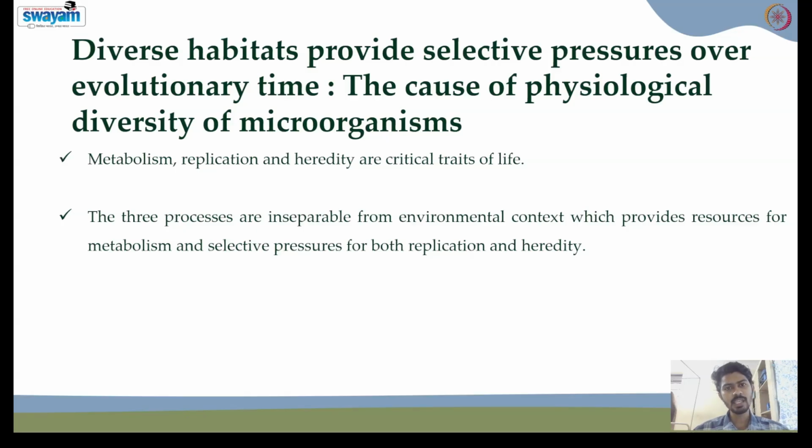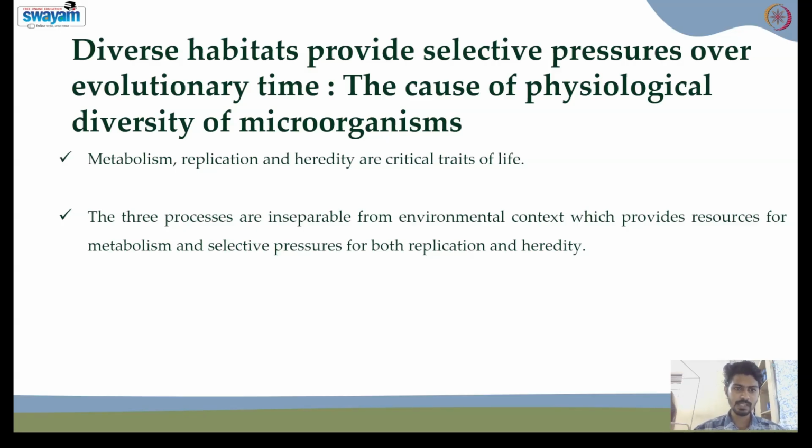Finally, we saw batch and continuous culture systems, and covered different bioreactors, aerobic and anaerobic configurations, for both batch and continuous systems. These are the topics covered in the last class, and today we will see some more important concepts.